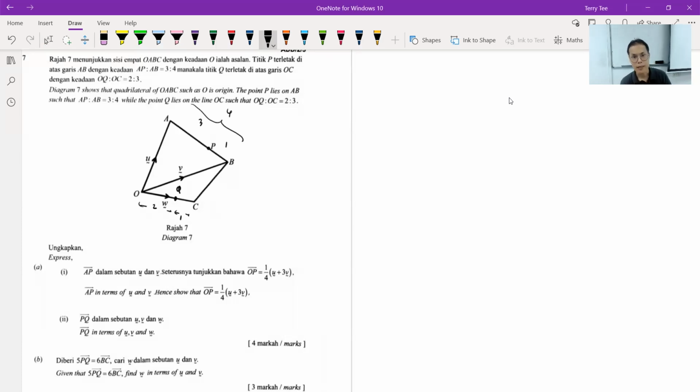Okay, we are supposed to find AP in terms of U and V. So let's start. AP, to go from A to B, right? We know AP is 3 over 4 of AB. AB is the whole thing, and AP is 3/4 of it. Now we can find AB by going this way.